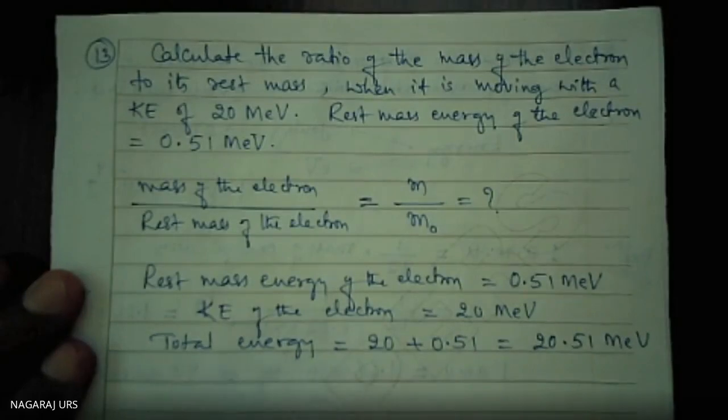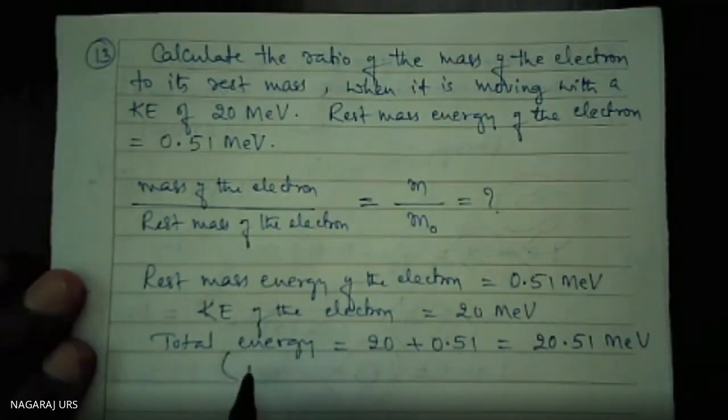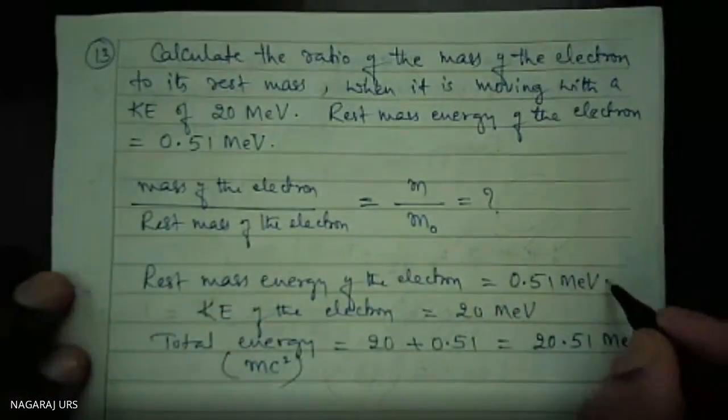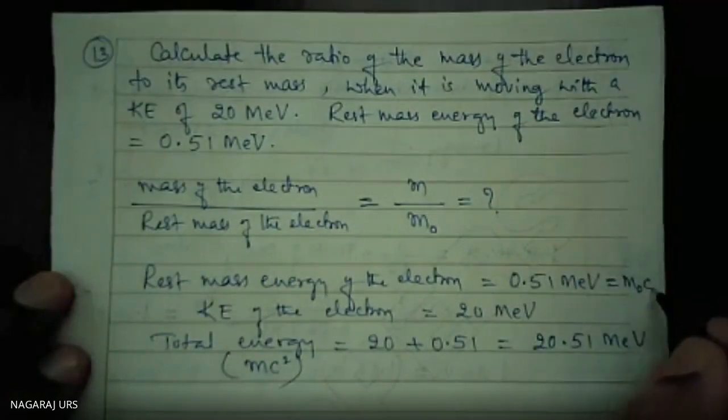Now, this is total energy. The total energy is mc square. Rest mass energy, I will write it here. This is m naught c square.